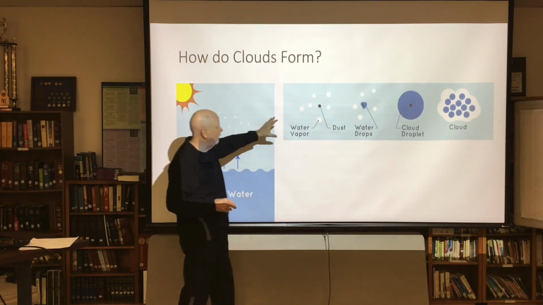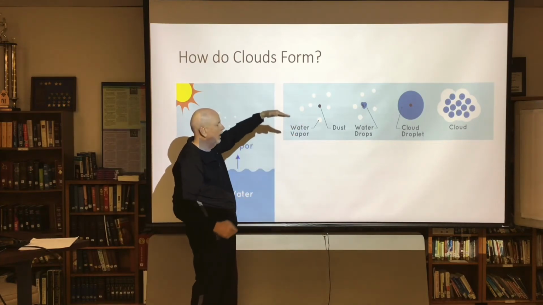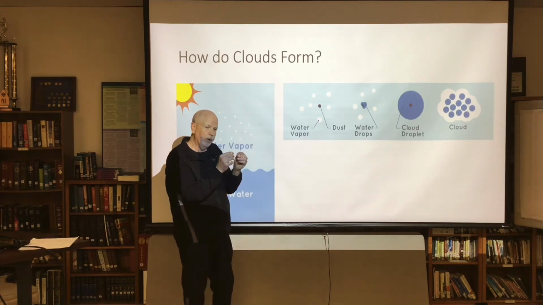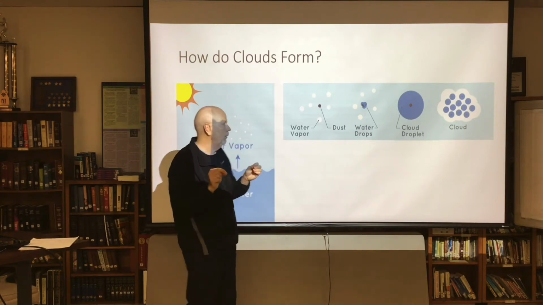This water vapor up in the air will continue to rise up higher and higher and higher. And the water droplets are very, very tiny. In fact, we can't even see them. Between you and me right now, there's a lot of little tiny water droplets that are so small we can't see them.